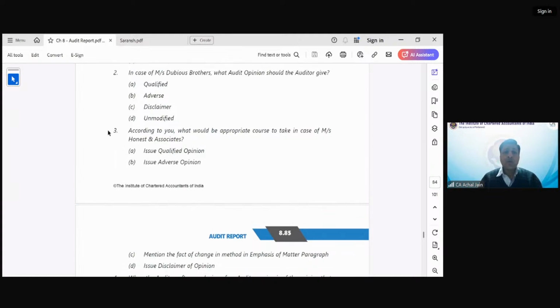According to you, what would be the appropriate course of action in respect of Messrs. Honest and Associates? Over to you. For Honest and Associates, what should be the assessment on the part of the auditor? Tell me.